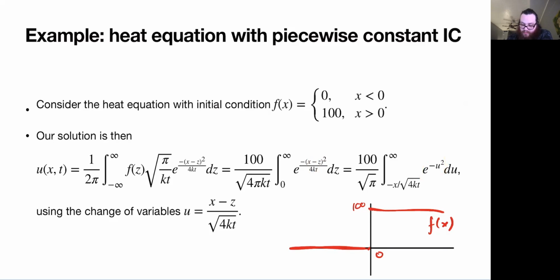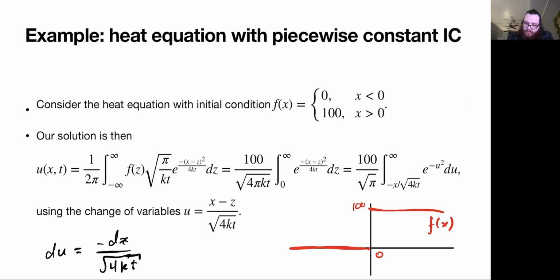Du, we can compute. The thing that we're integrating with respect to is z, so du is going to be minus dz over square root 4kt. Let me rewrite this, 4kt.